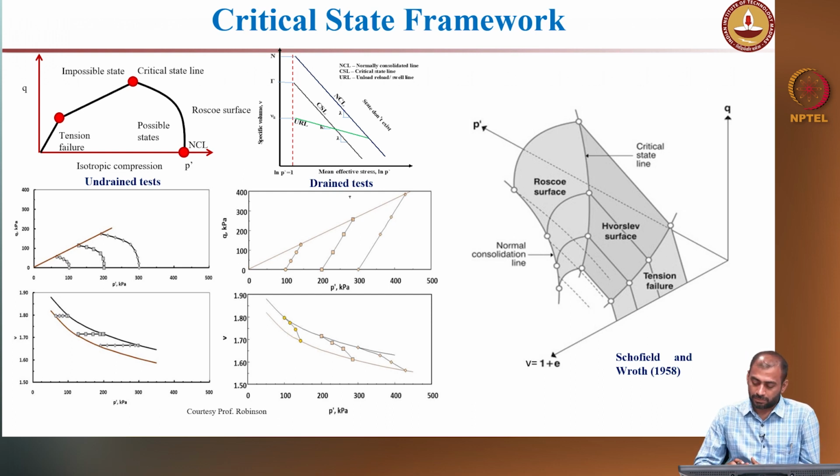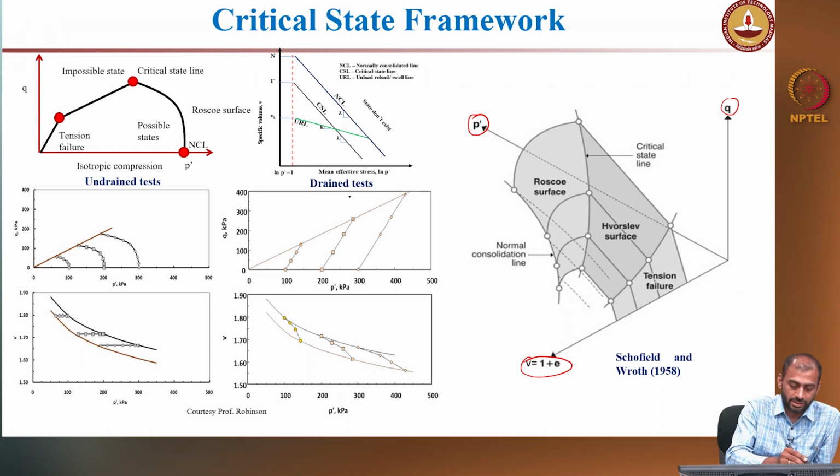In the 1950s, Schofield and Roscoe came up with a state boundary surface in 3-dimensional space, which has the deviatoric stress axis, the mean effective stress axis, and the specific volume, which is nothing but the void ratio, right. You have these 3 axes, and they try to fit all the experimental results in this particular state boundary locus, right. This is a 2-dimensional representation of this 3D surface.